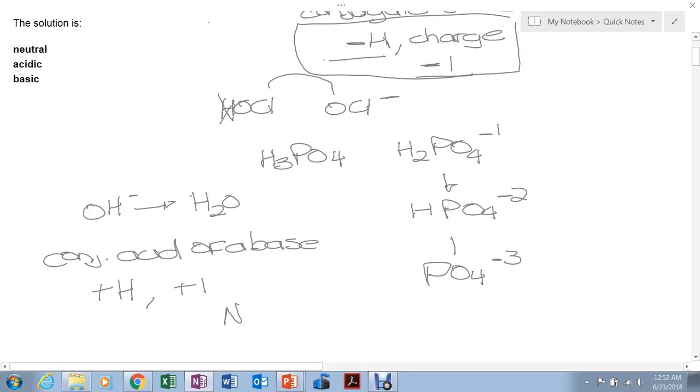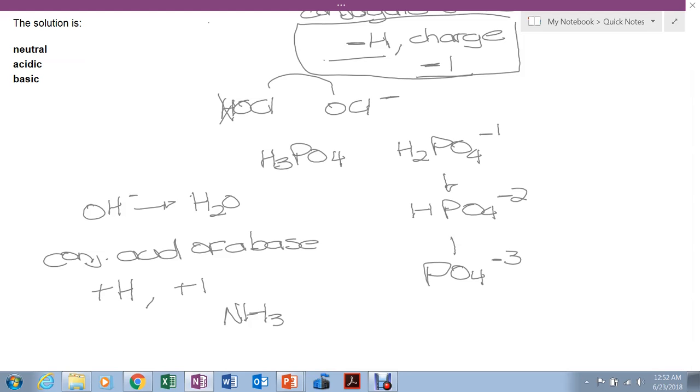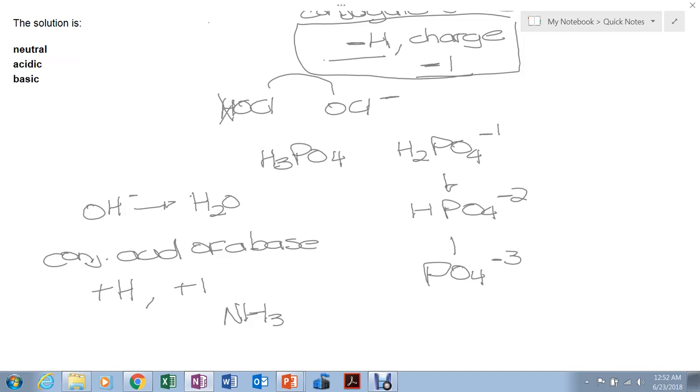The conjugate base of ammonium, ammonium would be NH4 plus. So we take a hydrogen and we get NH3.